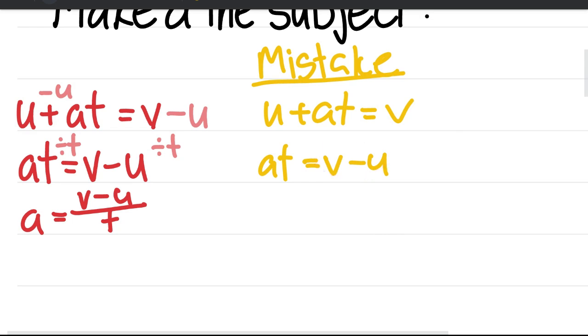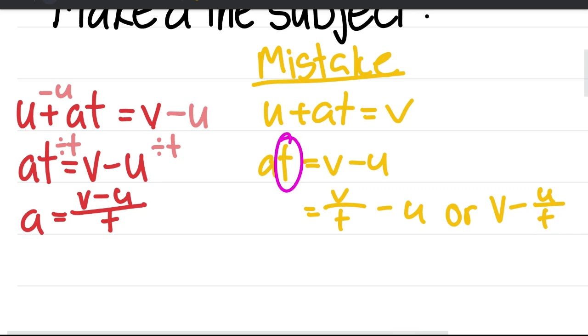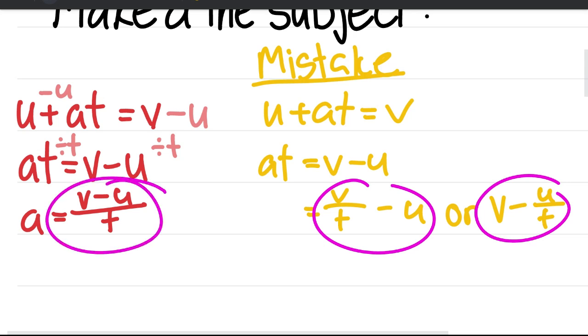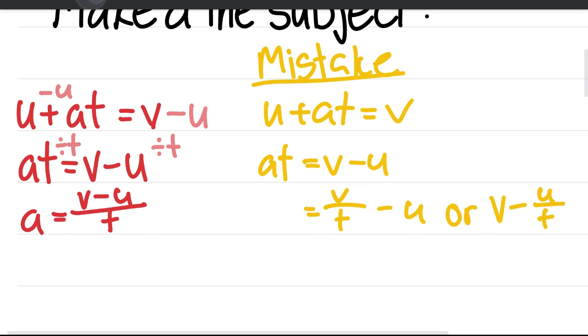So sometimes you may write VT minus U or V minus UT, which is wrong because when I want to divide by T from here, it is the entire A. So I want to divide this entire thing. So instead of this or this, it should become this. Okay.